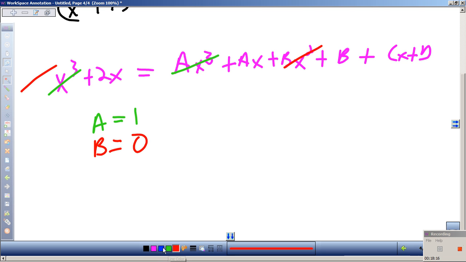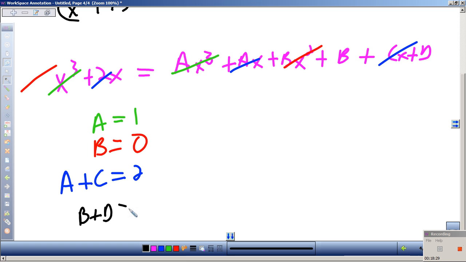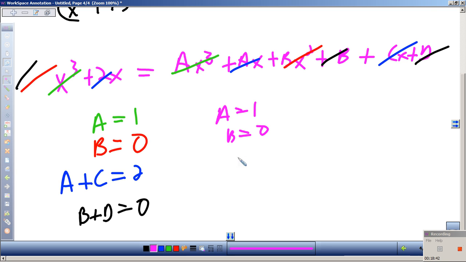A plus c equals 2. So that's this one there. B plus d equals 0. That's b, d, and our other one. So, a equals 1, b equals 0, c equals 1, d equals 0.